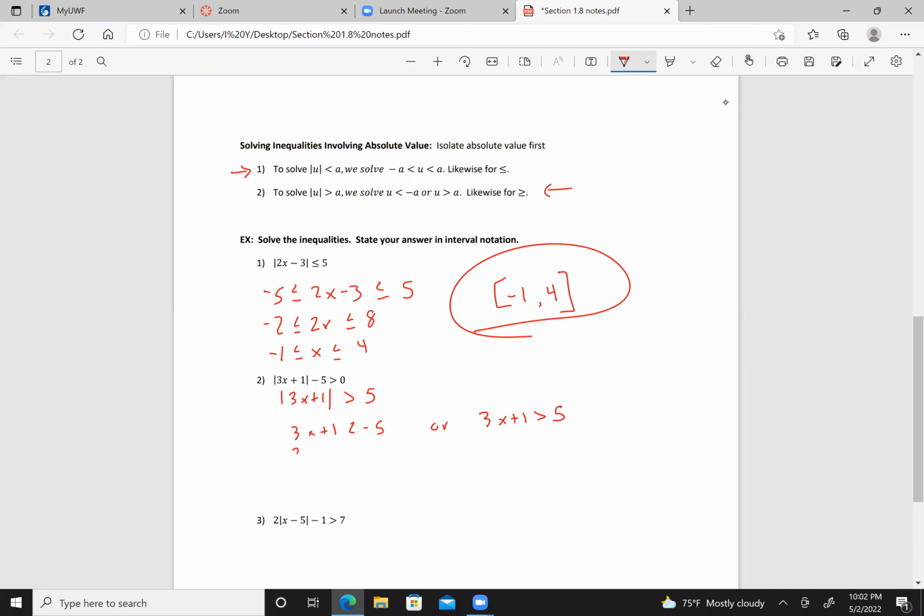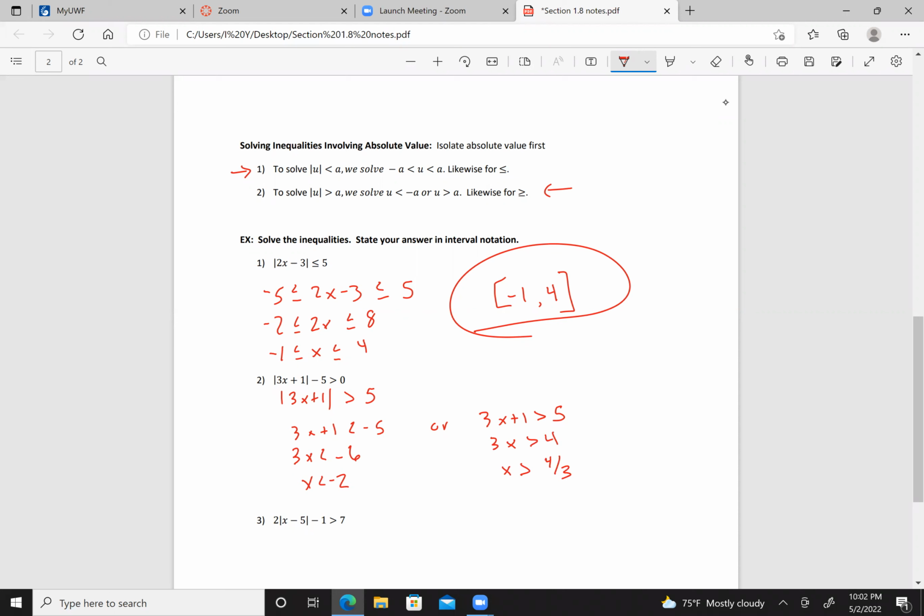So subtracting 1, I get 3x is less than negative 6. Divide by 3, I get x is less than negative 2. Here, subtracting 1, I get 3x is greater than 4. x is greater than 4/3.